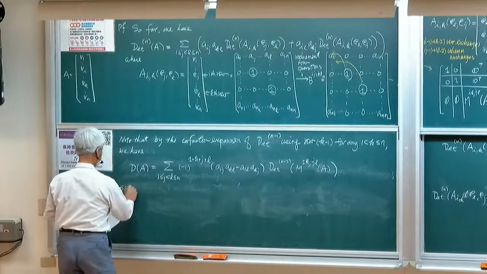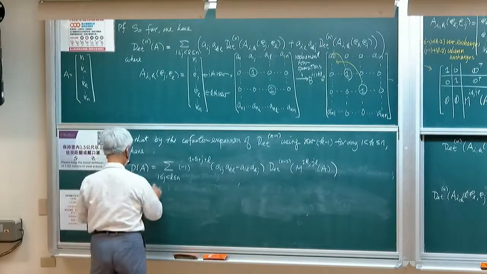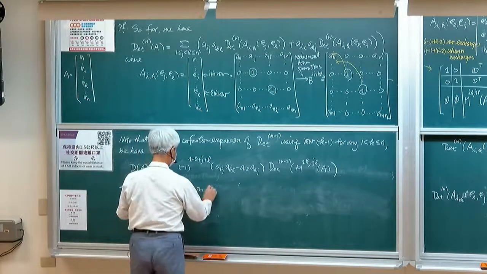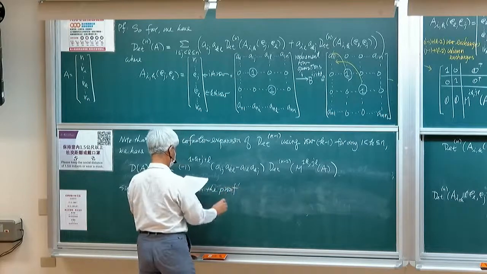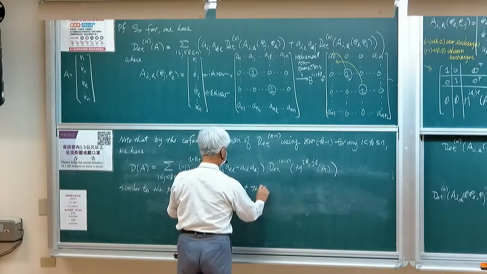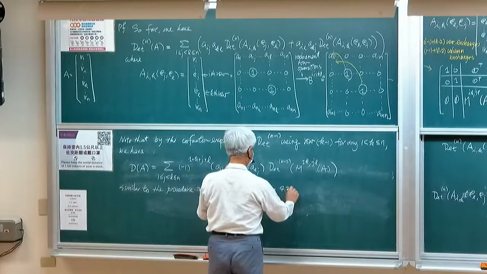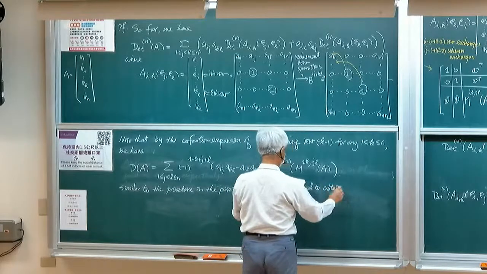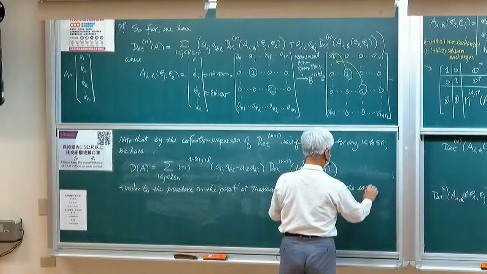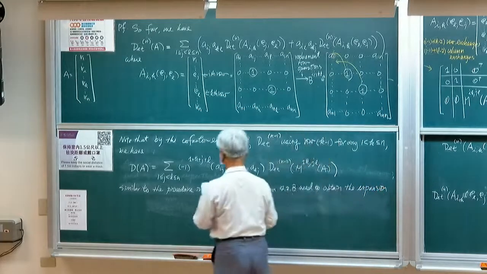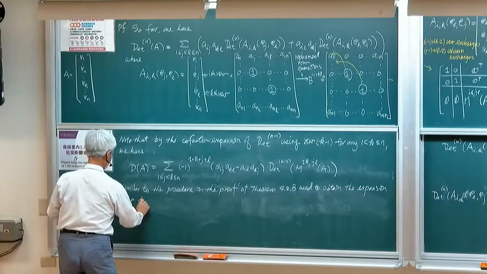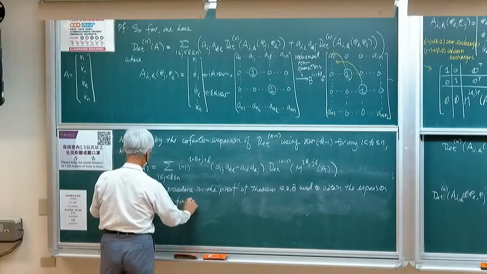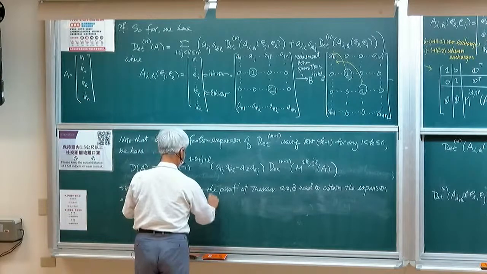This is similar to the procedure in the proof of the previous theorem 4.2.b, used to obtain the expansion of a determinant function using two rows.